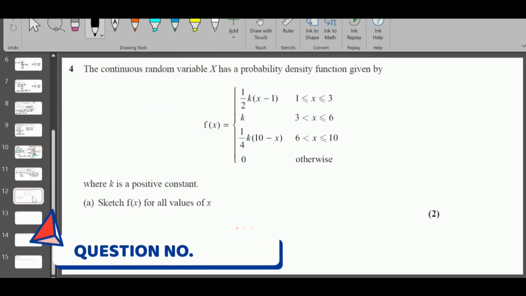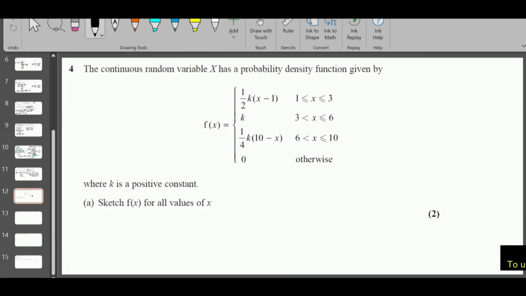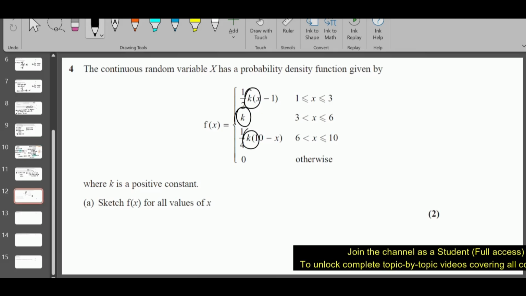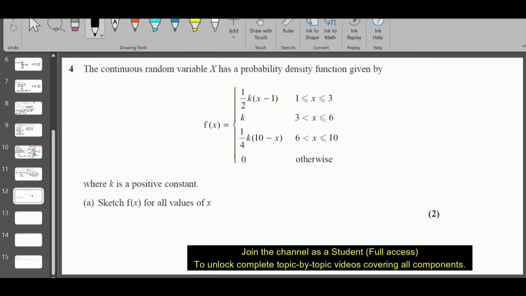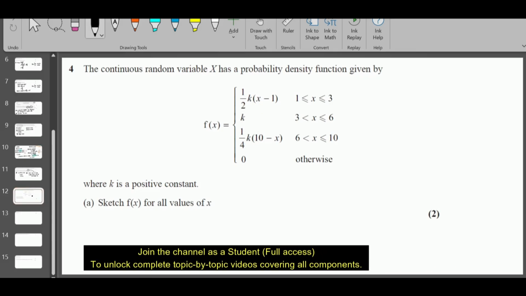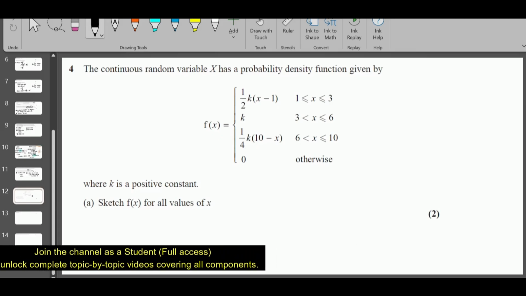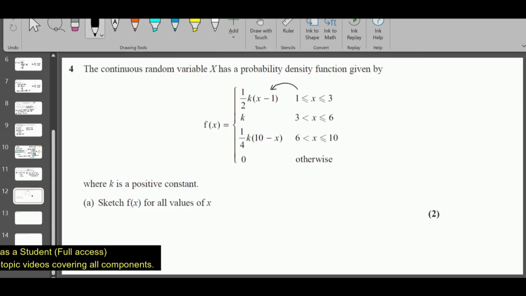Question number 4. The continuous random variable has a PDF function like this, where k is a positive constant. You have k here, here and here. Sketch f of x. To sketch f of x, first sub in 1 here. 1 minus 1 is 0, so you will get 0.